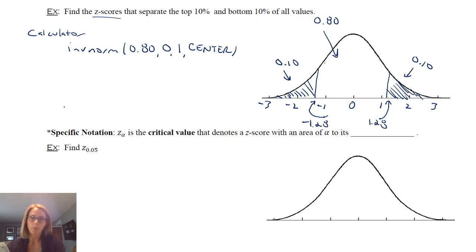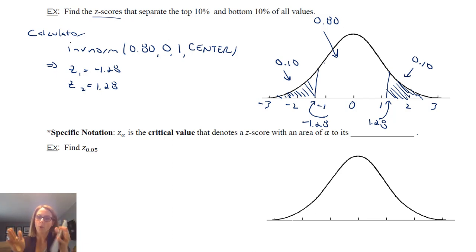So like I said, they were going to be the same. So you have two z-scores, one for each side, negative 1.28 and 1.28. And those separate the top 10% and the bottom 10%. So they give that line of where the 10% sits on either side. And so that would be the answer for that one, another inverse norm.